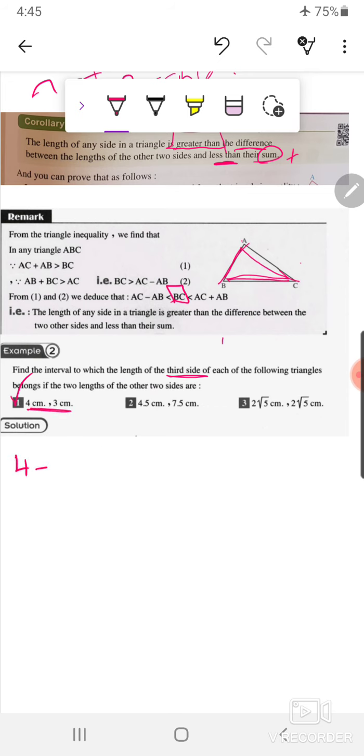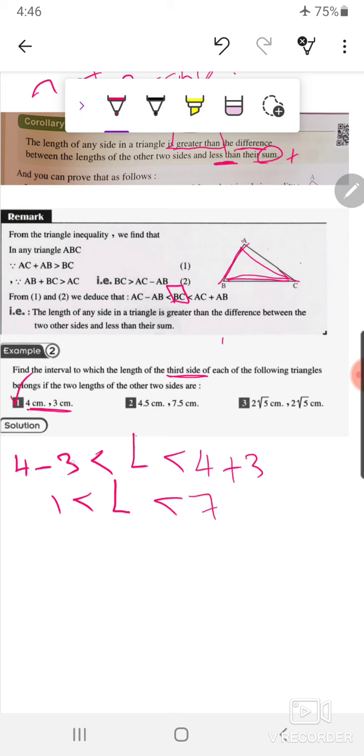So I make the difference first, 4 minus 3, and the sum, which is 4 plus 3, and between them is the length which I want to know. So 4 minus 3 is 1, and here is the side length between them, and 4 plus 3 equals 7.